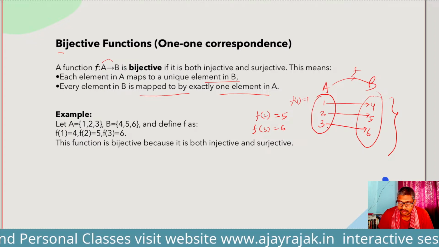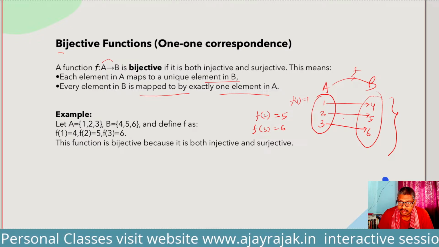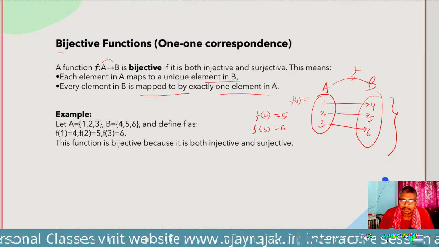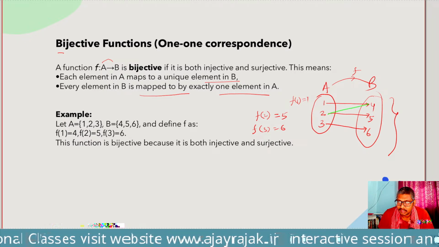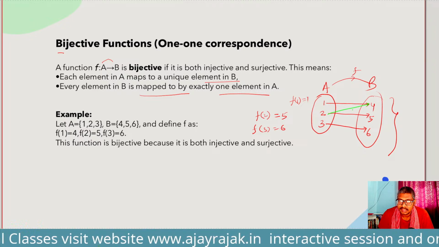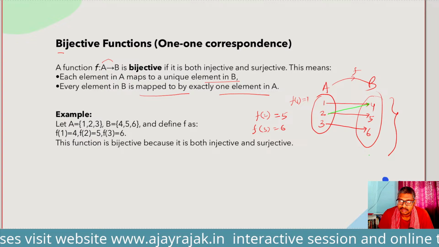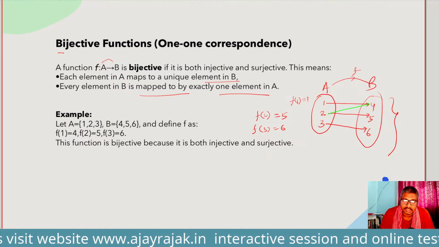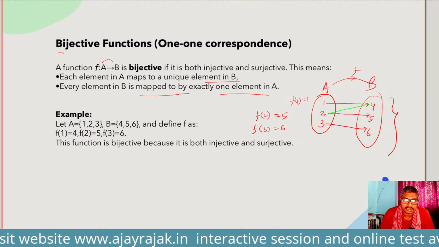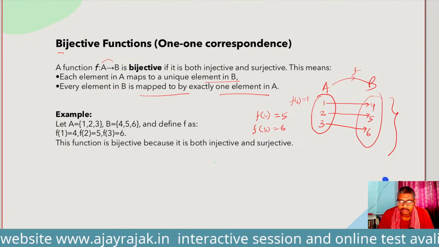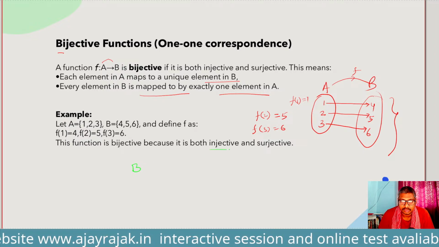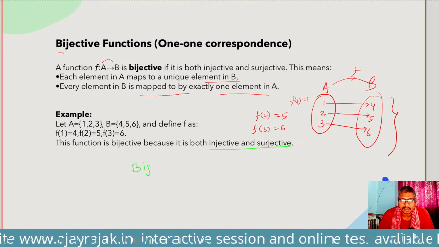That's the function rule. And one, you can see that this is not the case. If this was the case and all the elements were mapping in B, then it was surjective. But since it is not the case, you can say bijective because it is both injective and surjective.